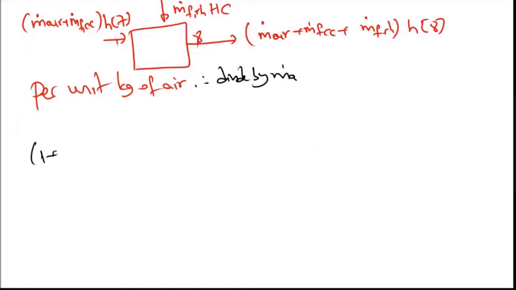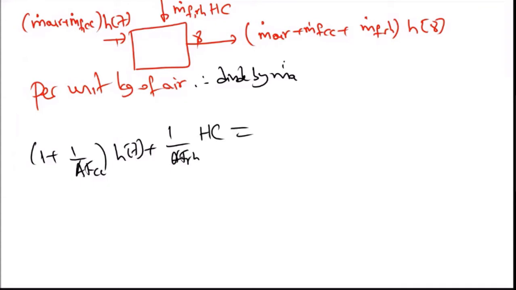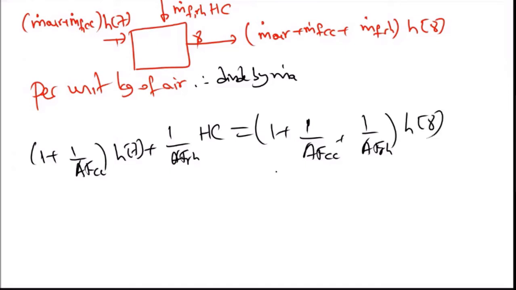So 1 plus 1 by AF of Cc into enthalpy at 7, plus 1 by AF of reheater into HC, will be equal to 1 plus 1 by AF of Cc plus 1 by AF of reheater into enthalpy at 8. As we have said, the enthalpies at 7 and 8 are assumed to be enthalpy of air. Everywhere we assume that it is enthalpy of air, and the air is an ideal gas.